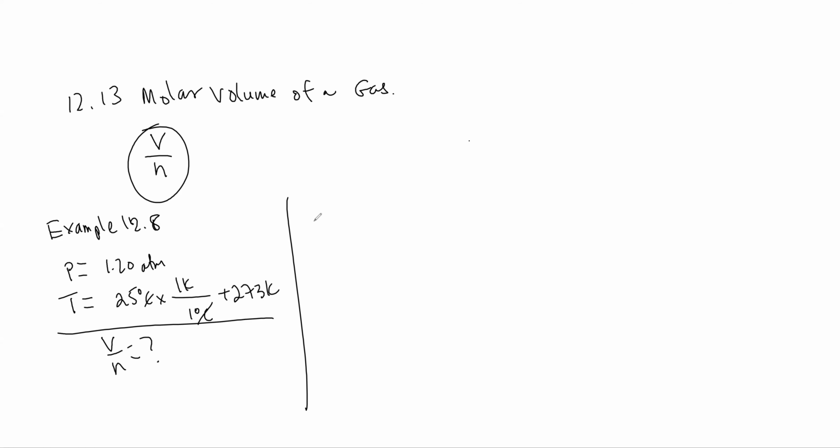So the way I'm going to do it now is I'm going to find now the molar volume, which will be the ratio of V over N, and actually N is supposed to be 1 mole in here. But I'm going to use the PV = nRT to solve now for the molar volume problem.